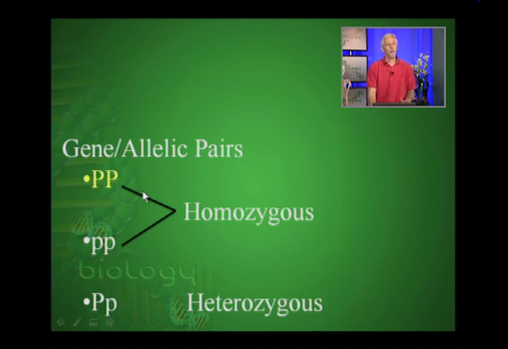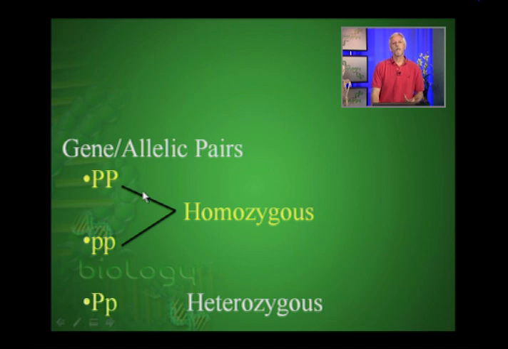So the alleles could be the same. You could have two dominant alleles, or you could have two recessive alleles. And if that's the case, we describe that as a homozygous condition. Again, it isn't helpful to say PP, because if you say PP, I don't know if you're talking about dominant or recessive alleles here. So if they're both the same type of allele, either both dominant or both recessive, we would describe that as a homozygous allelic pair or gene pair.